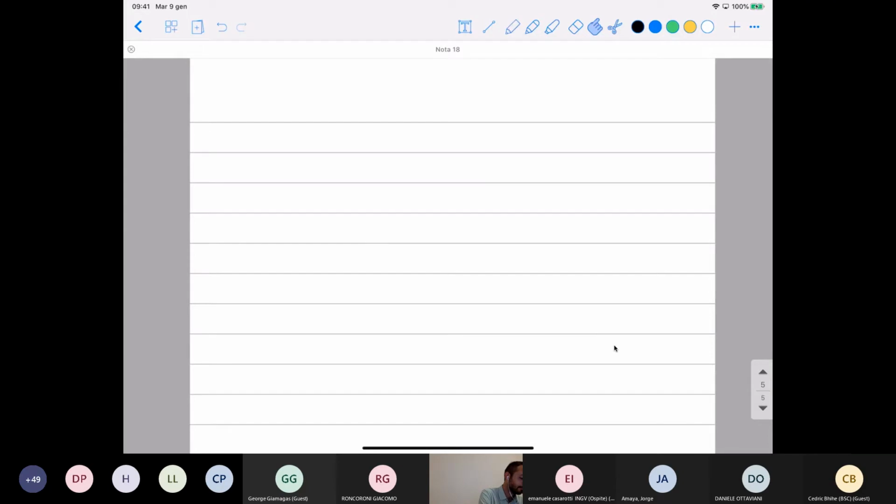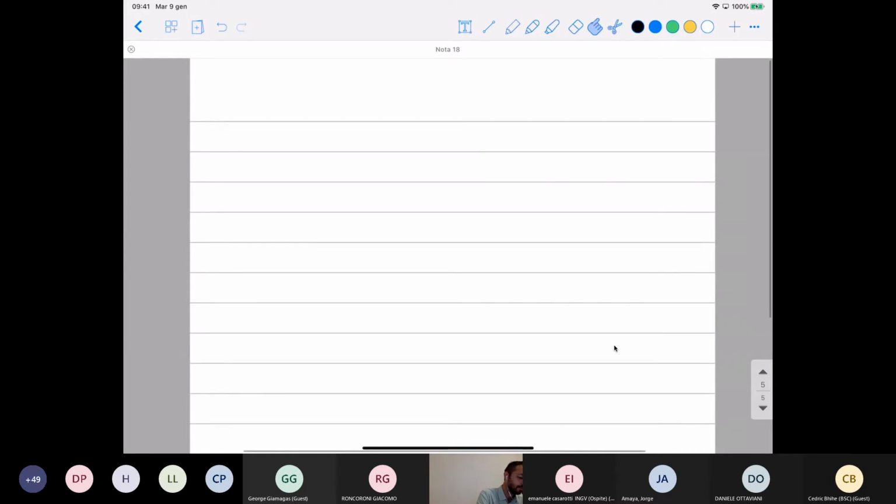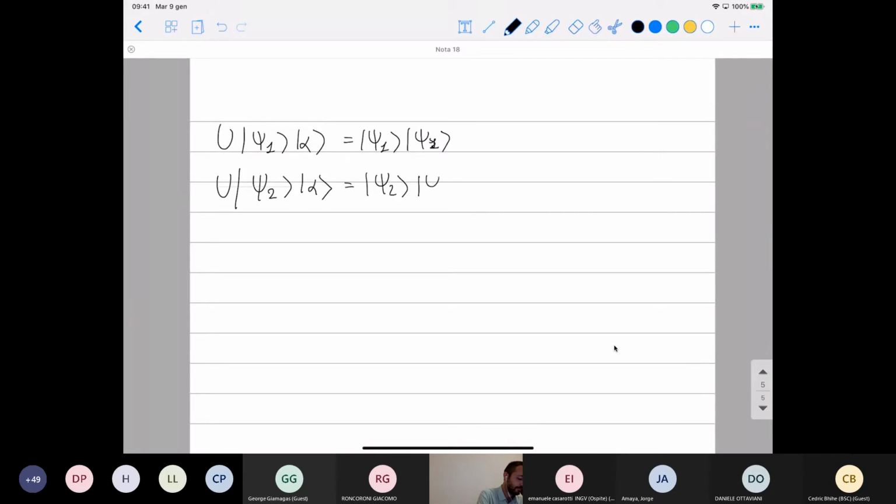The proof stated that if you assume that you can do this, and with the same unitary U, you can also do this, where psi1 and psi2 are alpha 1 |0> plus beta 1 |1>, and psi2 is alpha 2 |0> plus beta 2 |1>.